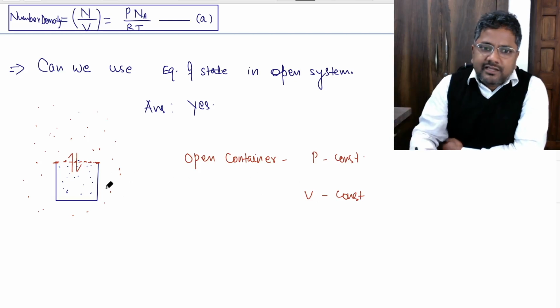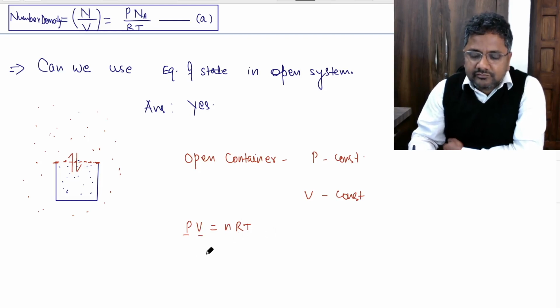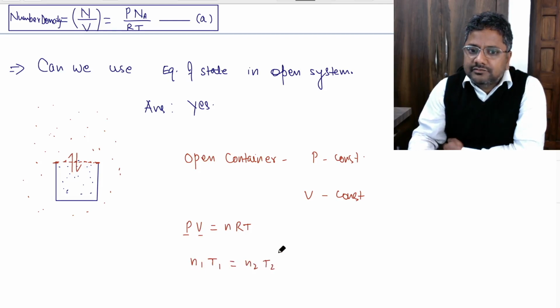So the one variable we can change is temperature, right? So now PV is equal to nRT. If P and V are constant, we can write here n1 T1 is equal to n2 T2.